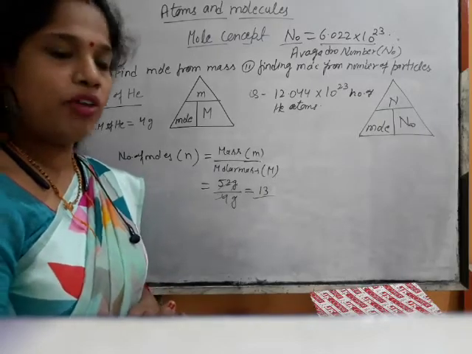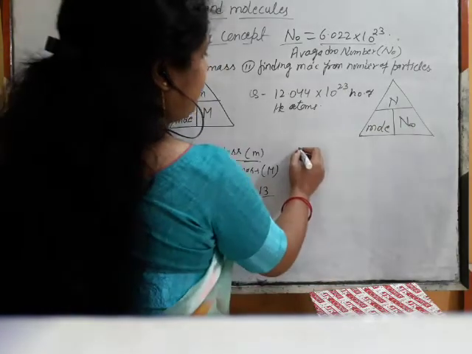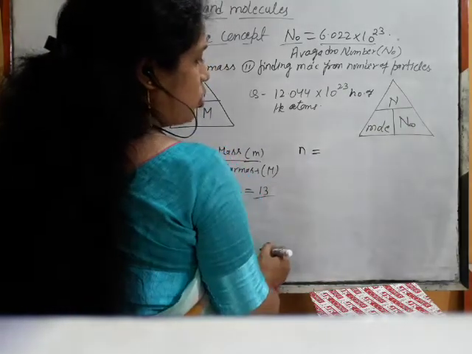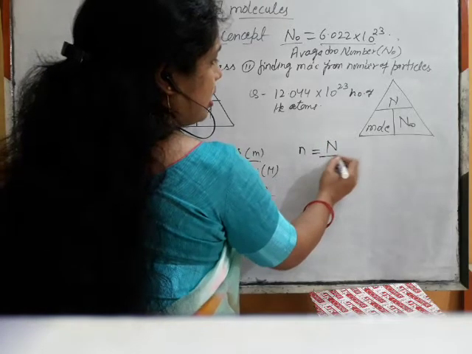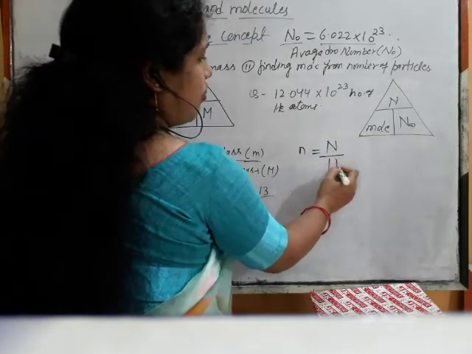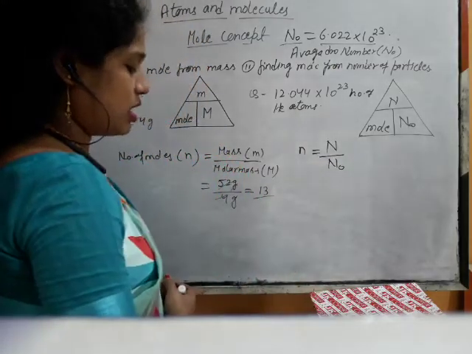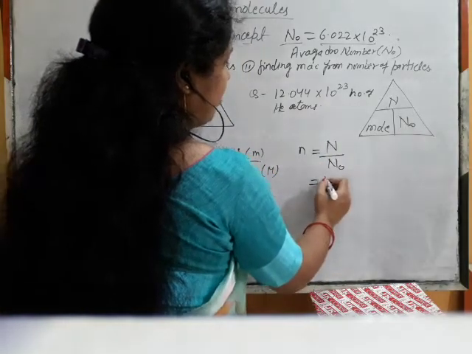Here also there is a formula: the number of moles is the ratio of the given number of particles upon the Avogadro number of particles.